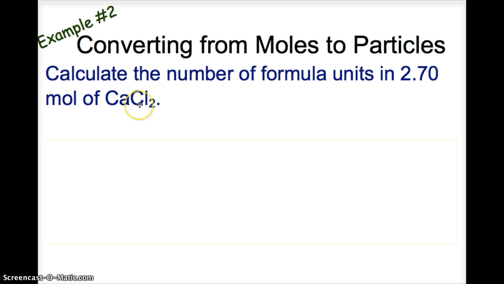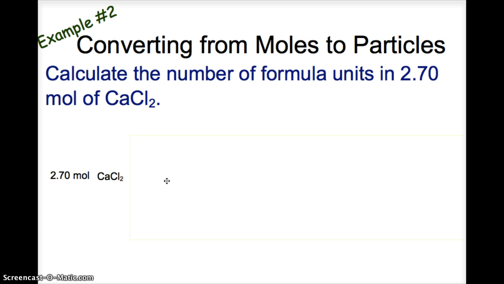So this is an ionic compound, and the fundamental particle for an ionic compound is a formula unit. So we're going to start with what we were given in the problem, which was 2.70 moles of calcium chloride. So I'm going to write that down.